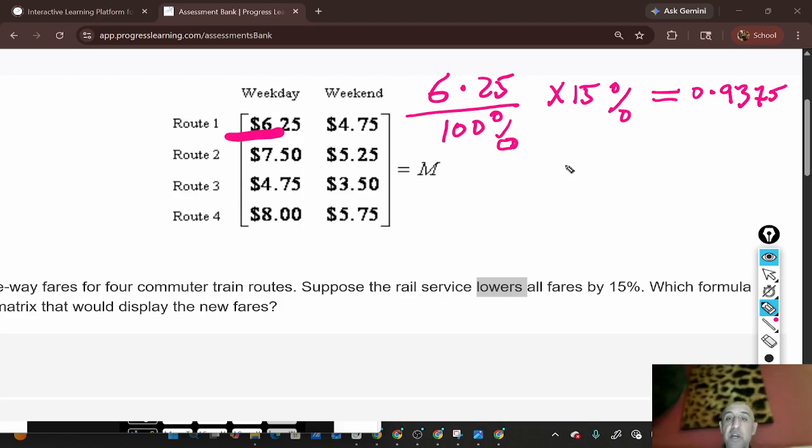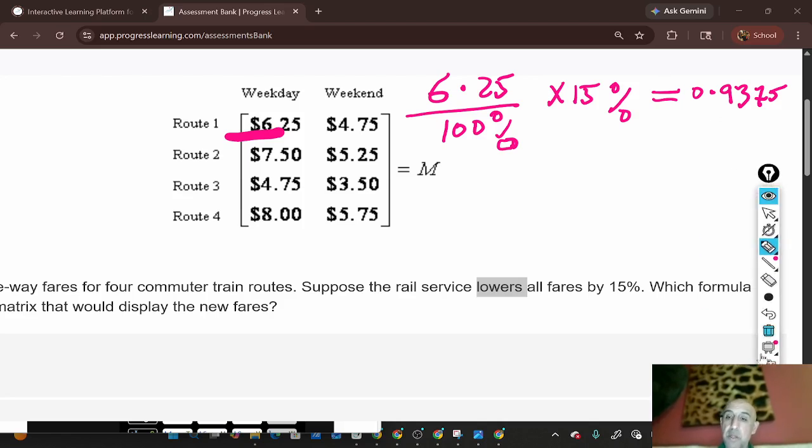Okay, now to find the amount of money the customer needs to pay, we need to calculate more by taking the 6.25, then subtracting the 0.9375 to find the answer.